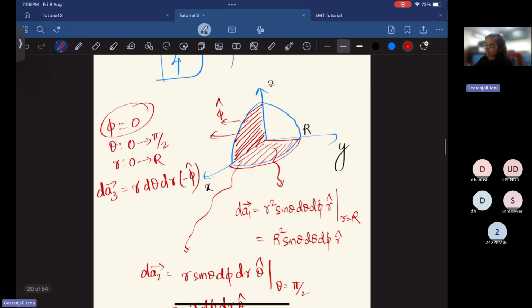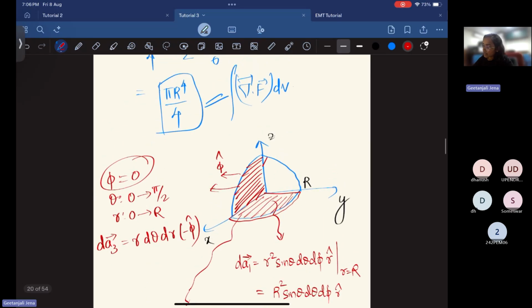The last surface we have is the backside. We have a flat surface. For this surface also, what is constant here? Phi is constant, which has a value of pi by 2.